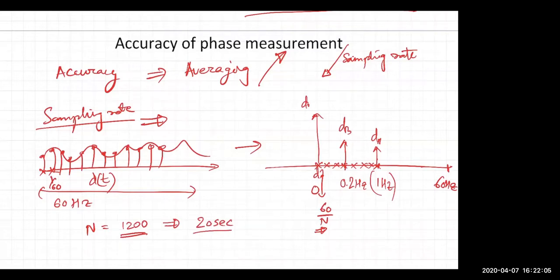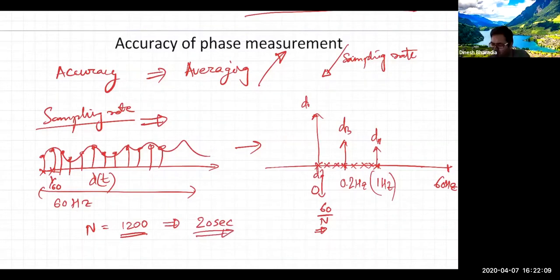So what sampling rate plays into is trying to have more bins in between this. The separation will be 60 over n, which is essentially 60 over 1200 in this case, and that will give you 1/20, which is 0.05.